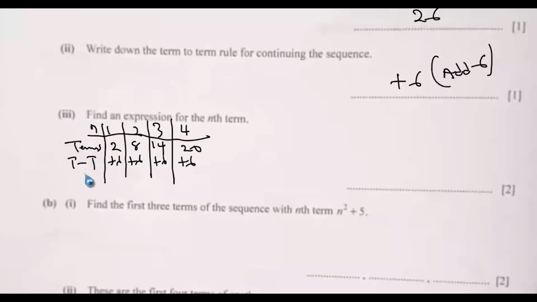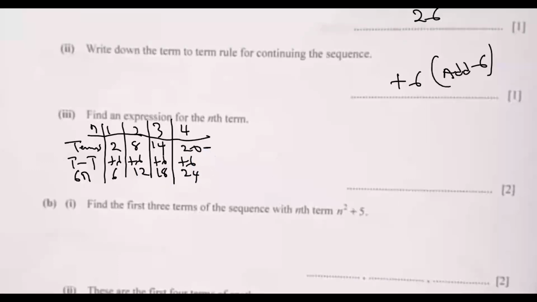So we can use this to form a new term by saying 6n. So that is the term to term rule multiplied by n to form a new term. That will be 6 times 1, 6, 6 times 2, 12, 6 times 3, 18, 6 times 4, 24.